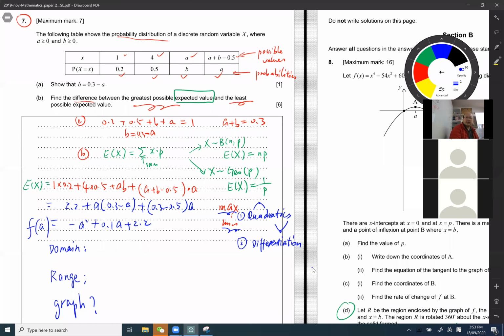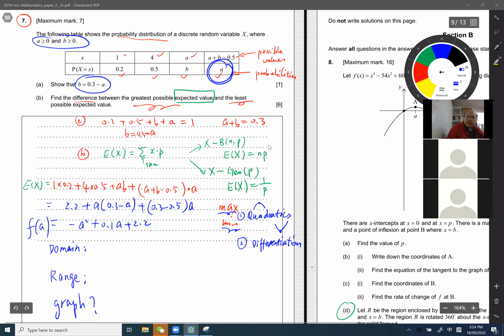In this case, domain is the condition on A. When we check the condition on A, you need to find where is A. What's the condition on A? Greater than or equal to 0.